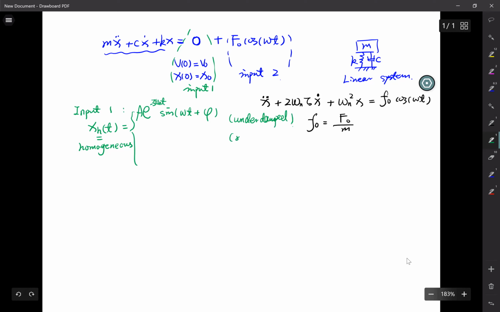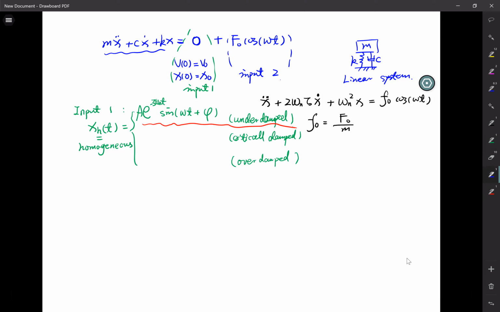And then you also have critically damped and overdamped. I'm not going to write them down here because in this class we're going to focus on the first condition only, but this method can be applied to the other 2 conditions as well. The way you determine which equation to use is based on your zeta value. If your zeta is smaller than 1, that's the first case. We call this underdamped.